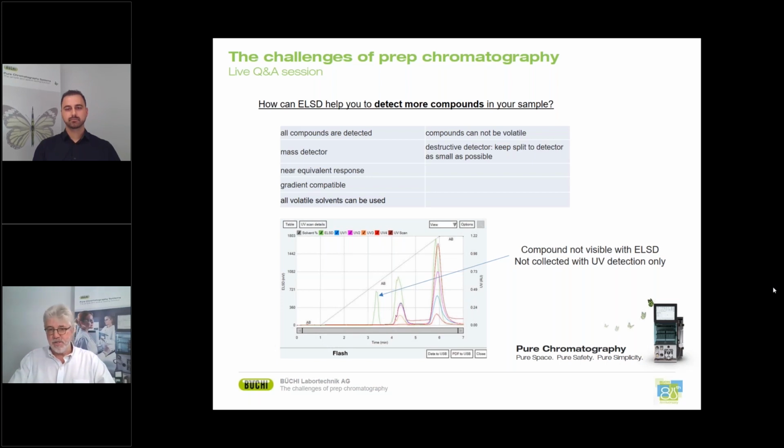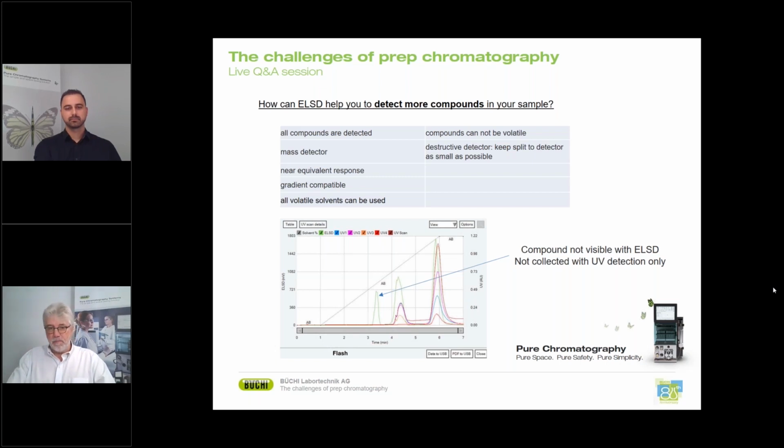So if you have a pharmaceutical product in there, or a sugar, or a polymer, or whatever, if the particle size is the same, the signal will be the same. So it sees everything, and it is independent of extinction coefficients.